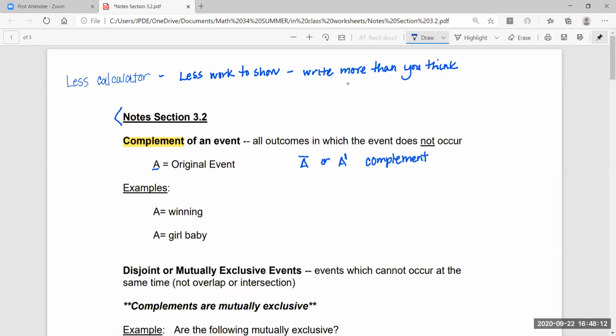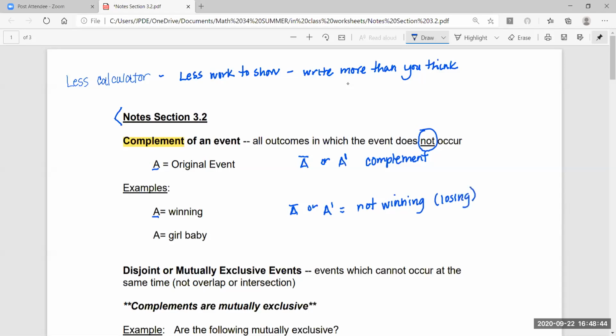So what the complement is basically doing is putting the word not in front of the event. If we look at the examples here, if our original event was winning, the complement, which we could denote with the A bar or with the A and the prime, would be not winning. And if you're not winning, that means you're losing.